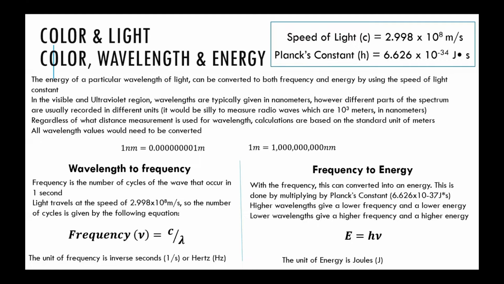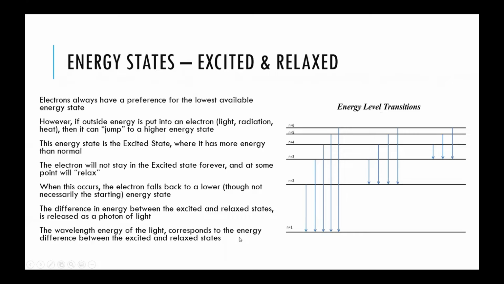And where this comes into play with elements and molecules is, as I mentioned, with the electrons. Electrons typically want to be at the lowest energy level possible. They always want to exert the least amount of energy. So if an outside source adds a lot of energy, the electron will absorb some of that and go up to a higher energy level.